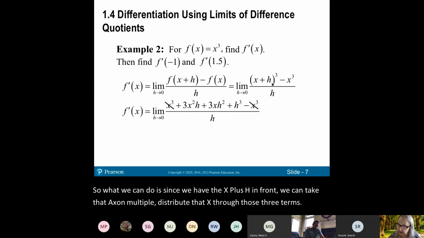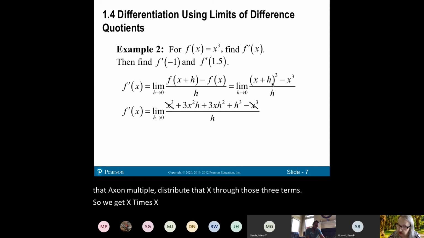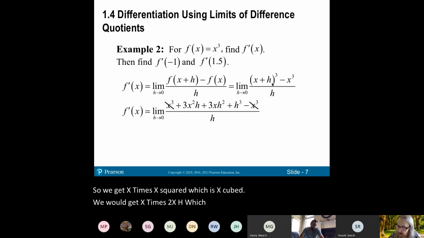So we get x times x squared, which is x cubed. We would get x times 2xh, which is 2x squared h. And then we would get x times h squared, which is xh squared.